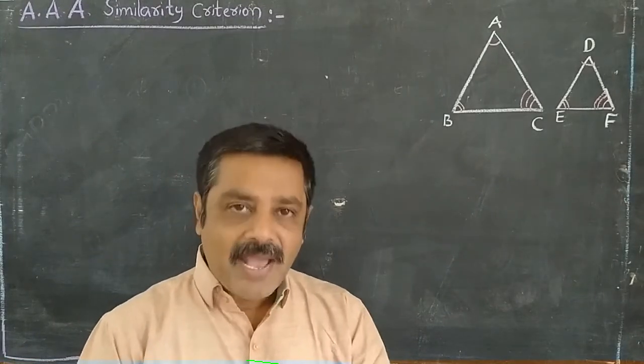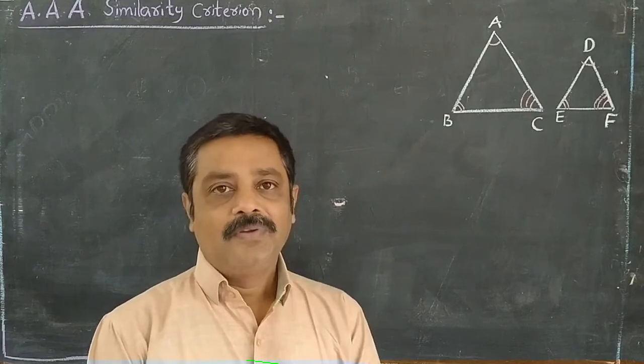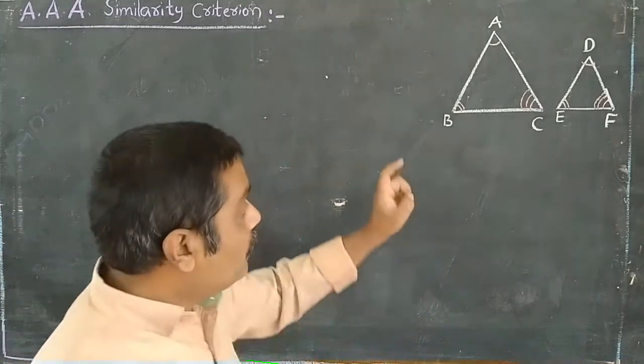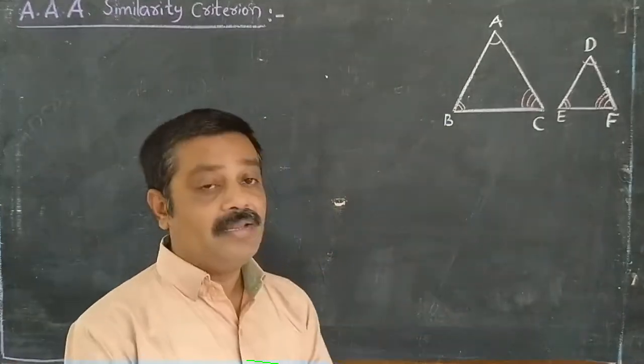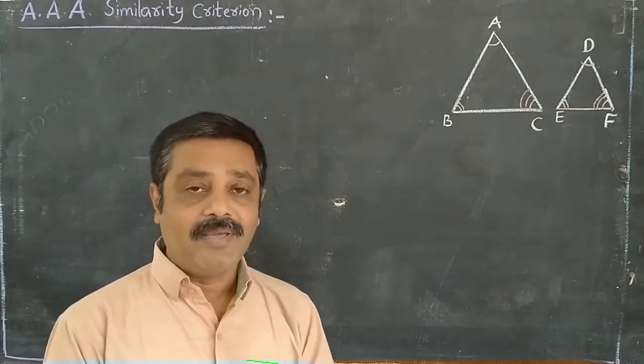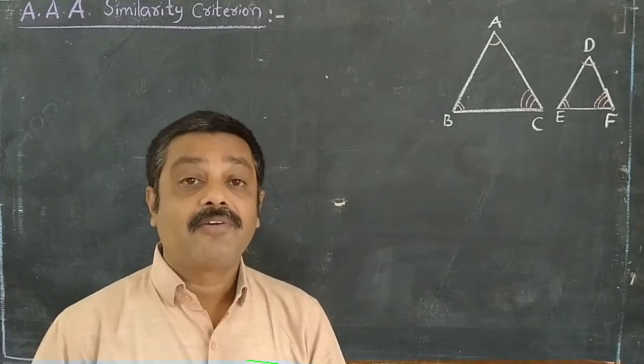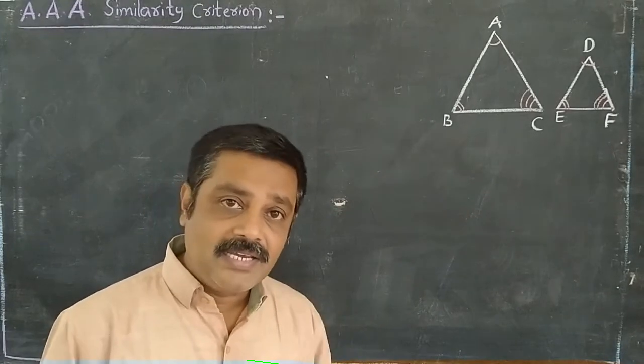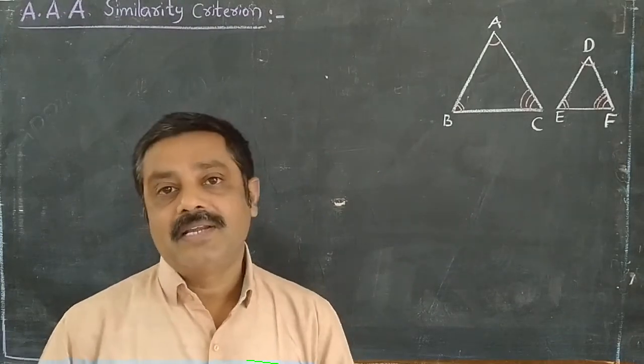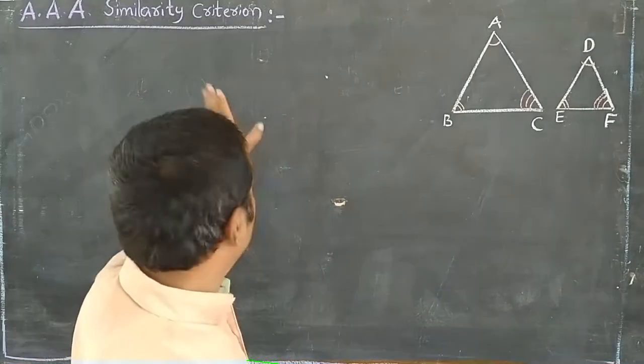Before we accept that statement, first we need to know: when triangles are equiangular, if corresponding angles are equal, how are the corresponding sides in the same ratio? We are going to check this and prove this theorem.